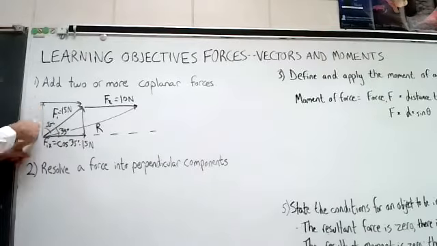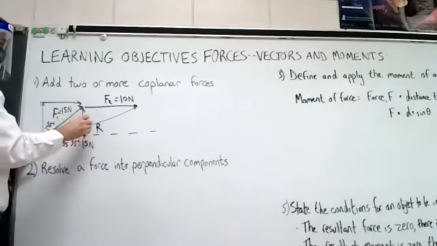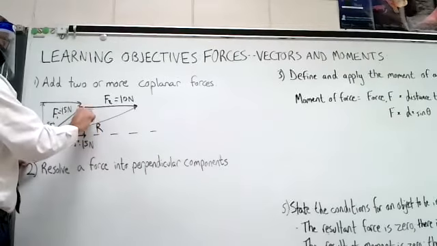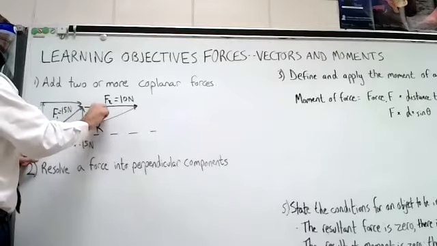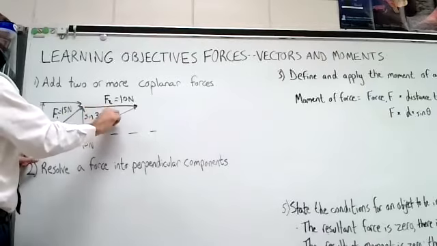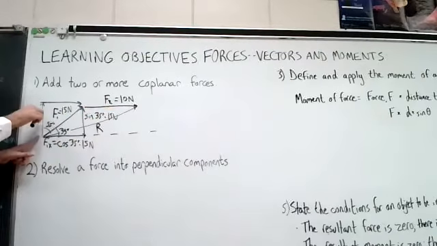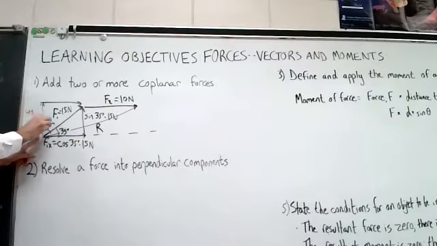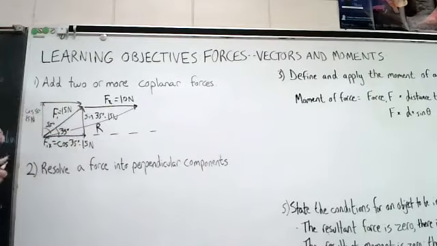And so the vertical component is either, and let's prove this to ourselves in our calculator for right now, the sine of 35 degrees times 15 newtons. But if what I just said is true, then the cosine of 55 degrees times 15 newtons should also be that, right?